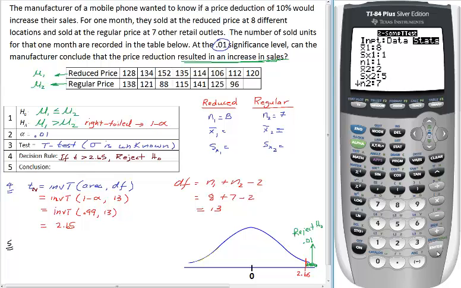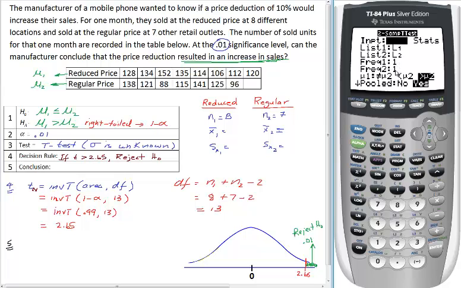Now watch what happens when you hit enter. It's asking you where the data is. List 1, in other words, this had to be the first one in this series, so it had to be in order. This group here has to be in list 1, which is N1, so mu1 is in list 1. Mu2 is in list 2, which I have done.